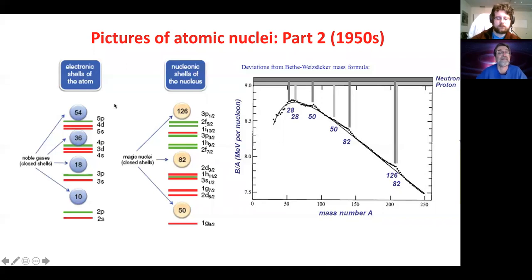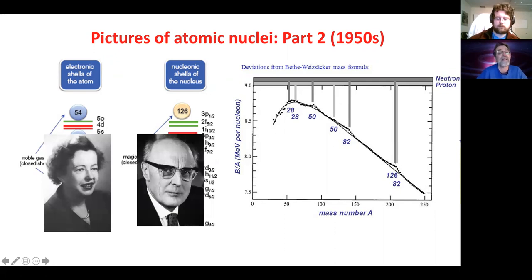And it was noted that it looked parallel to the very successful description of atoms, which had this shell structure where the electrons basically moved independently of each other in some mean potential that came from the nucleus and the other electrons. And so they looked for a parallel.